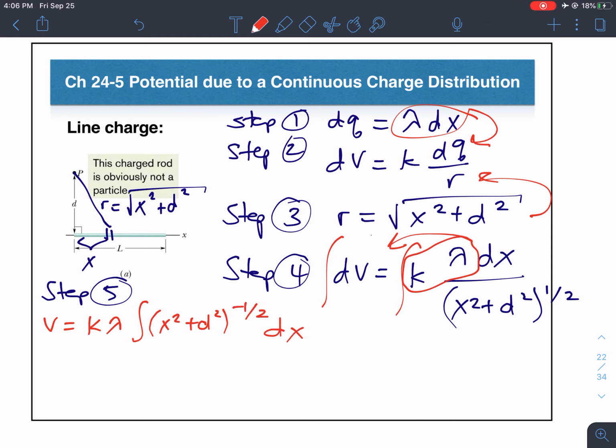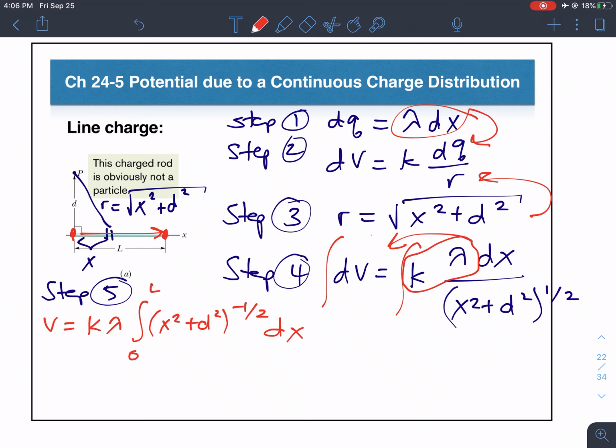That's what you're left with. Since you're scanning from this point all the way to that point along x, you need to think about x values. x starts from 0 and goes all the way to L.